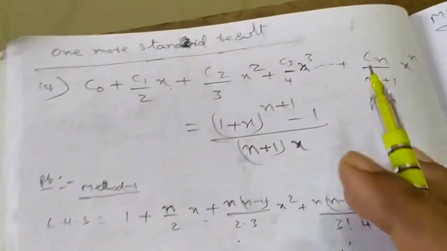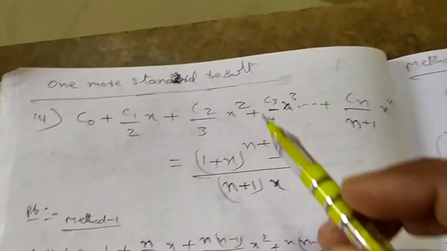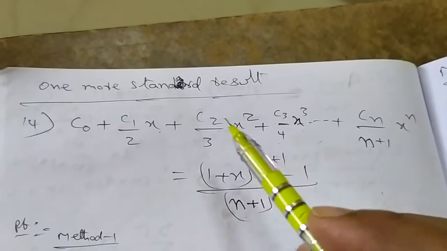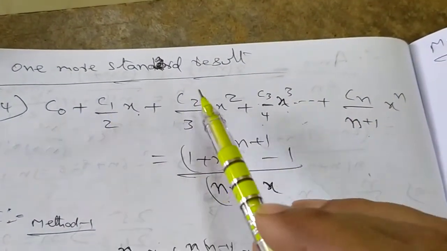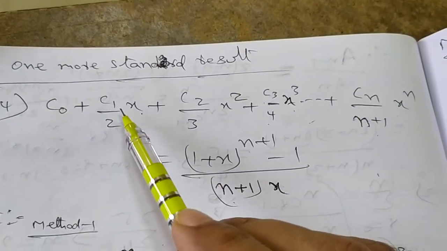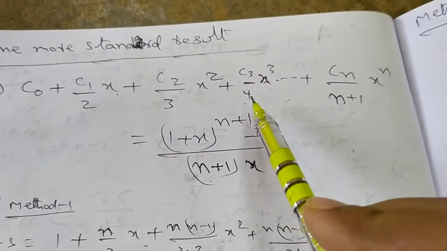So don't learn this proof. It is not important for the exam, but learn this formula by heart. See the conditions: first the binomial coefficient C0, next C1, next C2 and so on. See the denominators: denominator of C1 is 2, denominator of C2 is 3, denominator of C3 is 4.